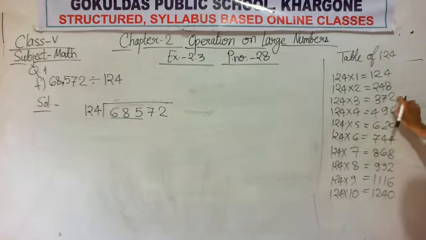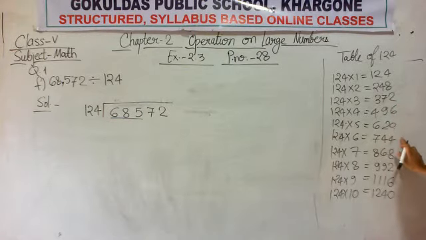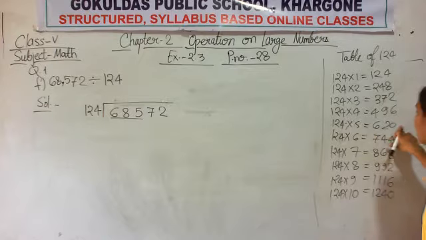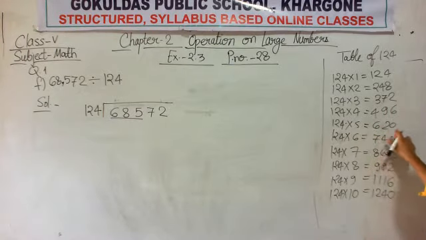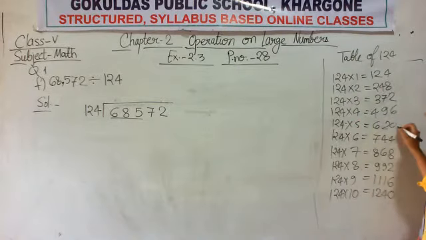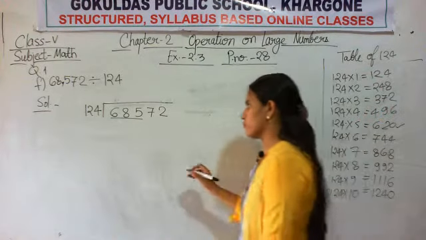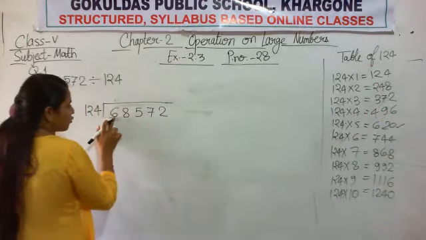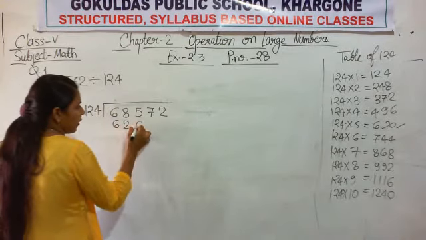No. These are greater numbers. So 620 is there, which is smaller than 685. So we will choose 620.